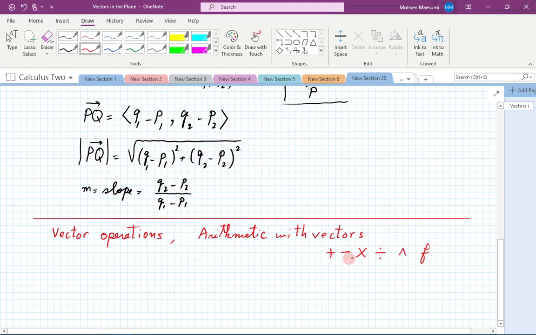Everything you have done so far involved just numbers. The question is, what are we going to do if we want to apply these things to vectors and later on to matrices? So let's start with the simplest of these things.